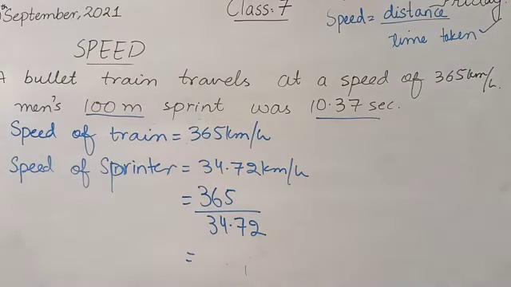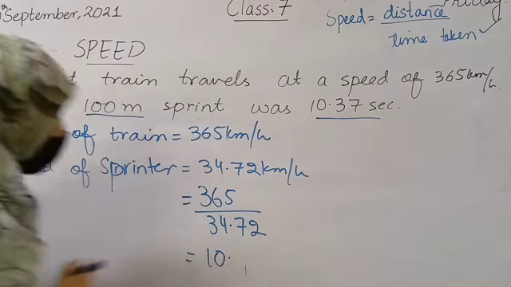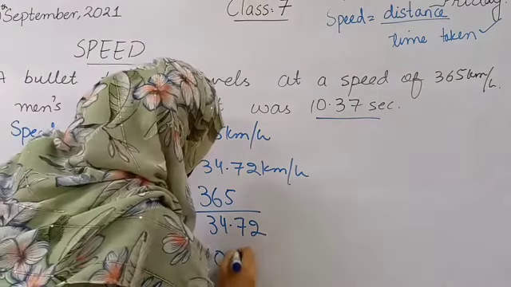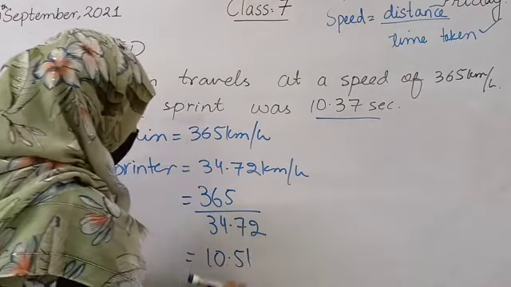Divide these two and you will get how many times is a bullet train as fast as the Singaporean sprinter. After division you will get 10.51 something. Okay.